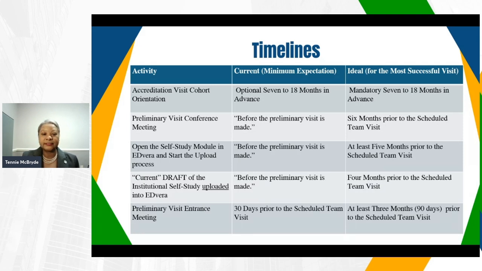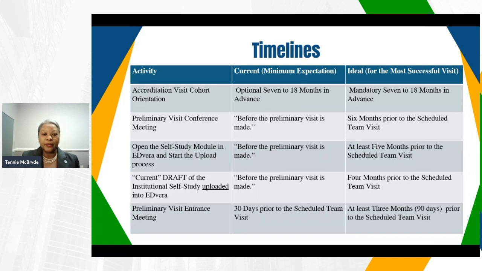Now, notice the preliminary visit conference meeting. Although the handbook states that the meeting should be held before the preliminary visit is made, the fellows will ensure consistency and efficiency. So it is ideal to schedule the preliminary visit 6 months prior to the scheduled team visit.